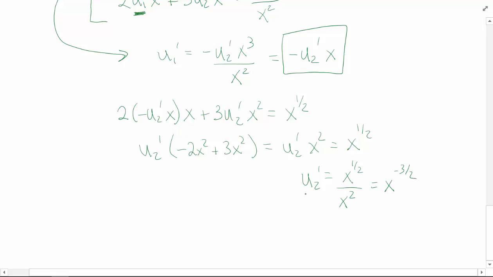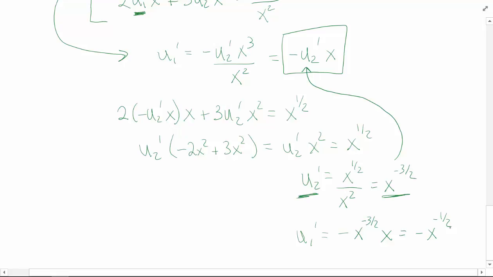So now I know u2 prime, which means I can plug it back in here to tell me what u1 prime is. So u1 prime is equal to negative u2 prime, which is x to the negative 3/2, times x, which simplifies to negative x to the negative 1/2.